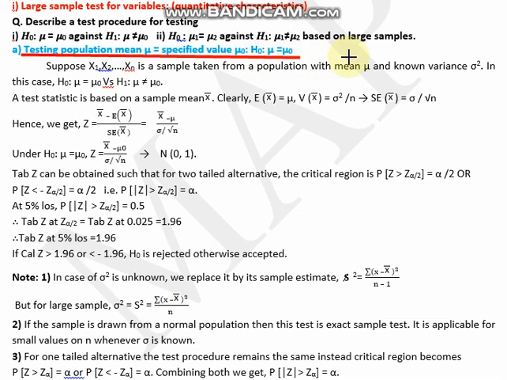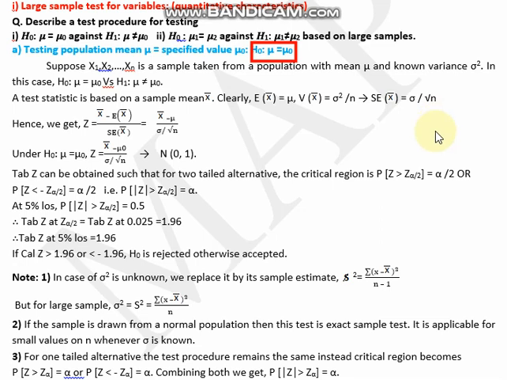So in this case we are testing whether the value of mu is the same as mu naught. So my H naught is mu equal to mu naught in case of large sample test for mean and single sample.